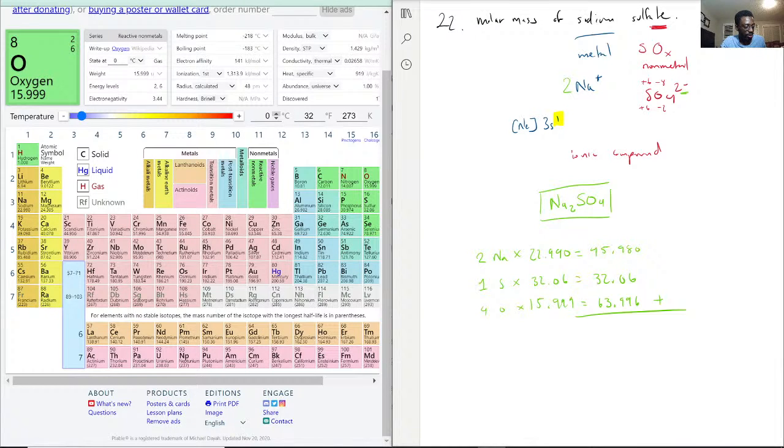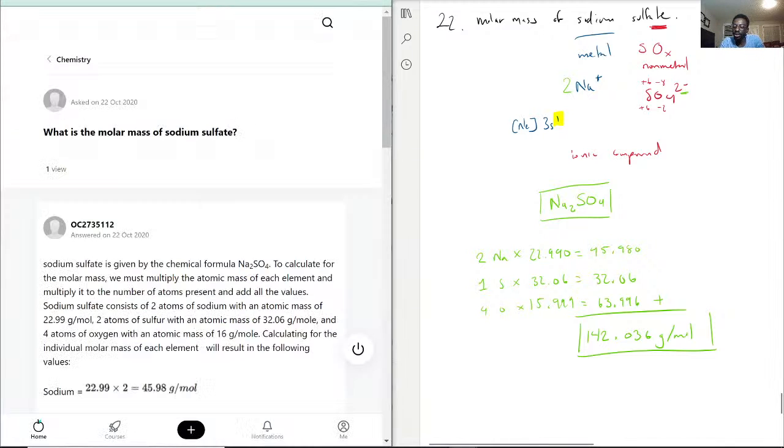So that's the 45.980 plus 32.06. And we got 142.036 grams per mole. So this right here is going to be your molar mass of sodium sulfate, okay?